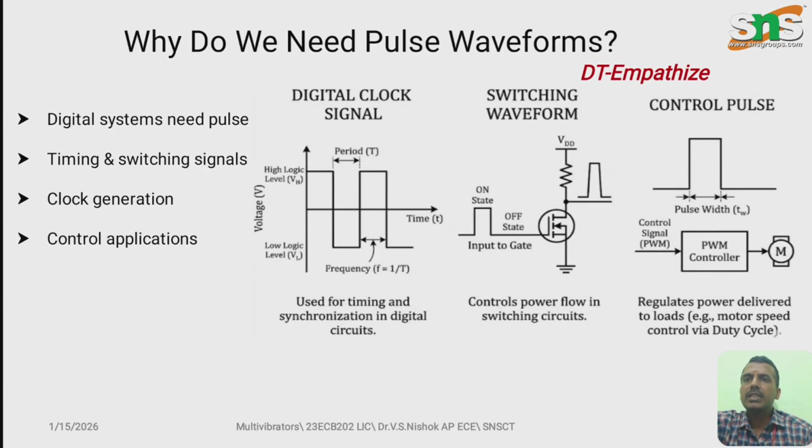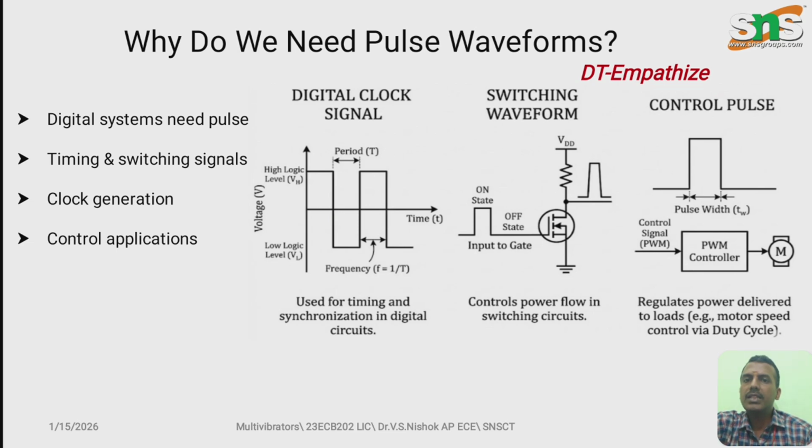So why do we need the pulse waveforms? In today's world, every digital system like computers, digital watches, microcontrollers, everything needs the pulse waveform, not the smooth waveform like sine waveform. So timing and switching signals are very important here.